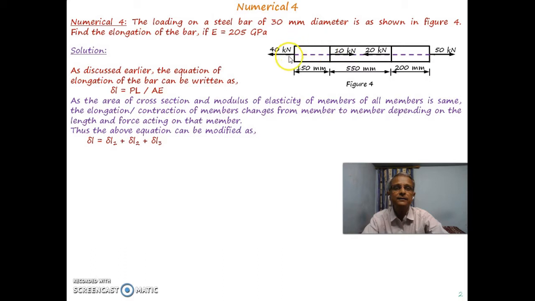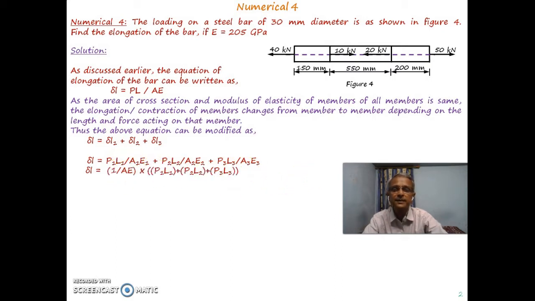Delta L1 is for segment 1, delta L2 for segment 2, and delta L3 for segment 3. Then we wrote delta L1 equal to P1 L1 divided by A1 E1, and so on.